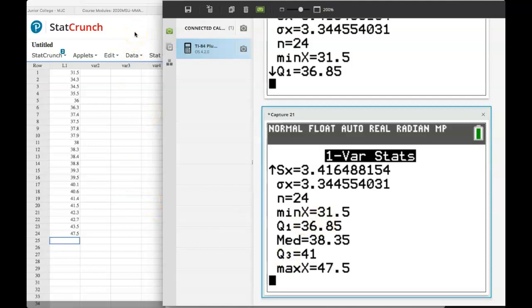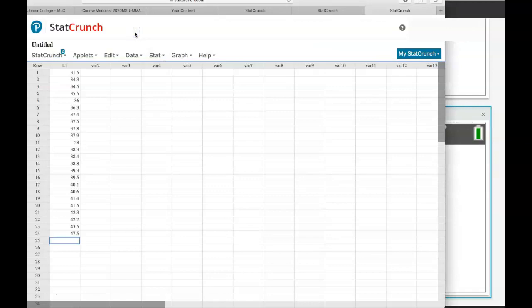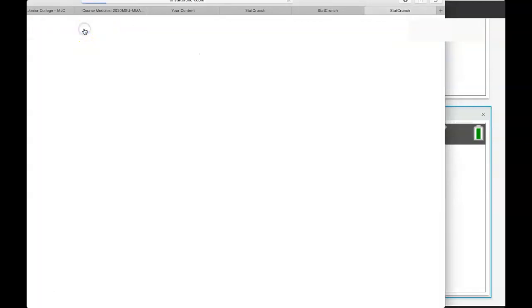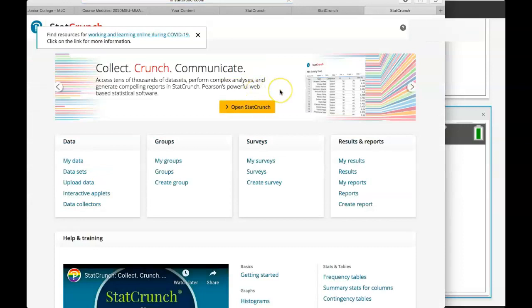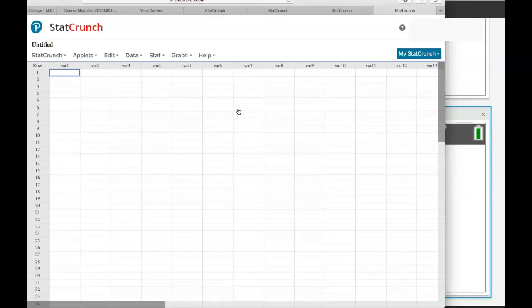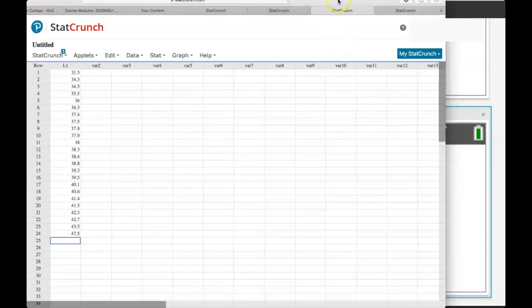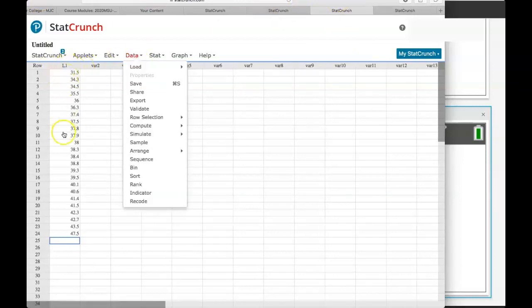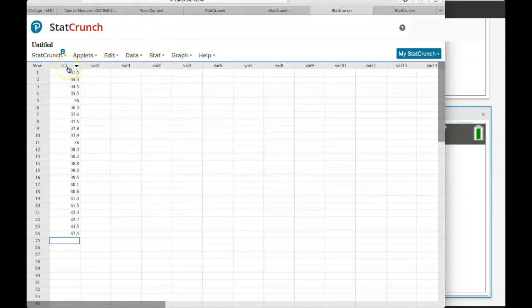Okay, what if instead of TI-84, we wanted to use StatCrunch? So this is your StatCrunch. Open StatCrunch. So enter your data into one column, and I choose to have that one L1. So you can pick any name for your variable. So we have all this data.